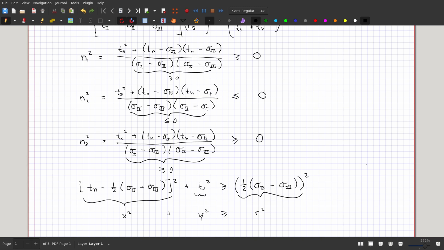Yeah, I think these are right, because the inequality sign is different in the third equation. This is bigger than that, and this is bigger than that, so that's positive. This is bigger than that, so that's positive, and that's smaller than that, so that's negative.